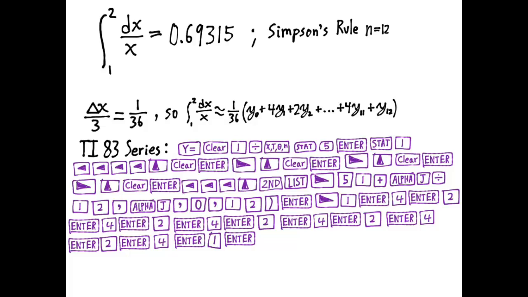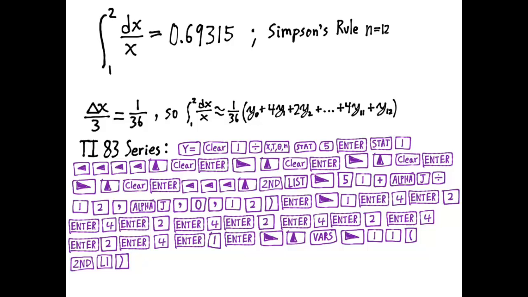Now we're going to arrow over to list L3. To compute L3, we're going to use calculations of the function that we stored in y1. So press vars, right arrow, 1, 1 to get y1. Then we need to tell it what values of x to compute y1. So put y1 of L1.